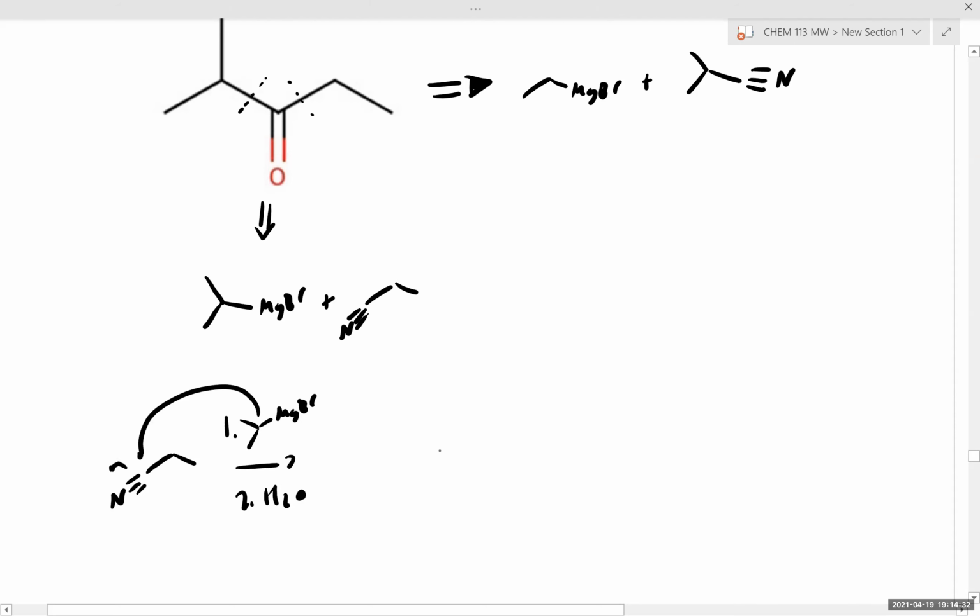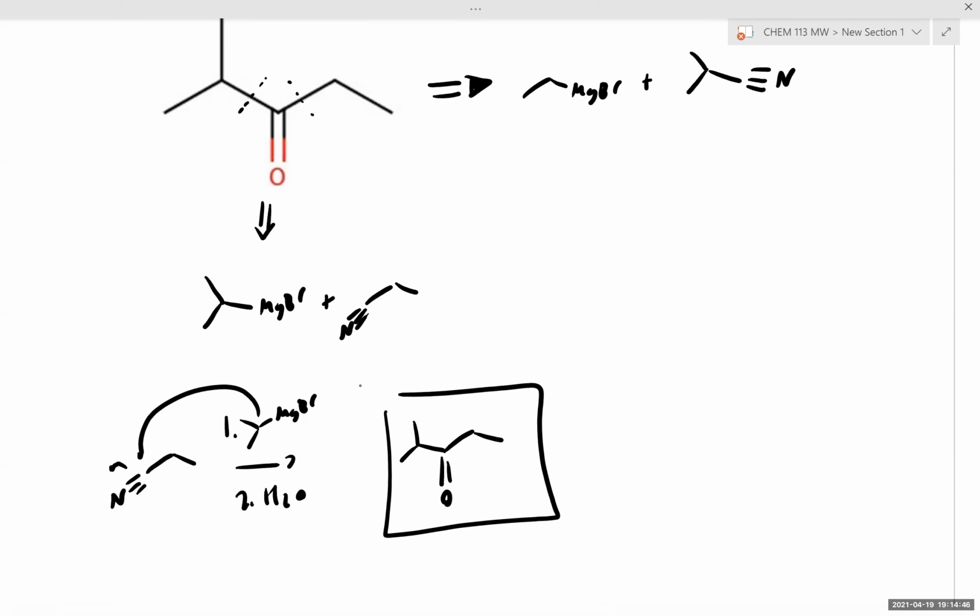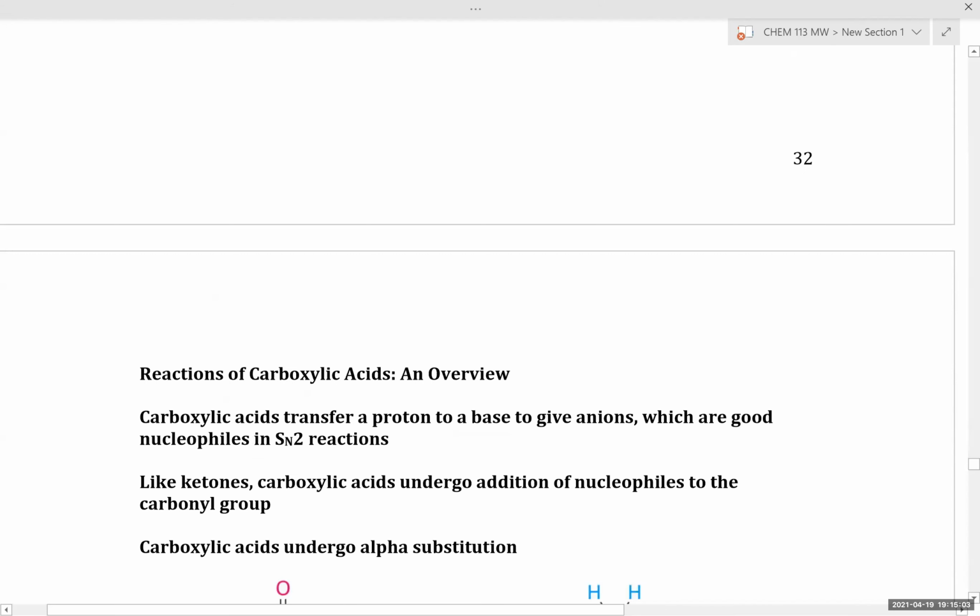That in turn would give us our desired ethyl isopropyl ketone. Does this example make sense? Okay, let's keep going then.